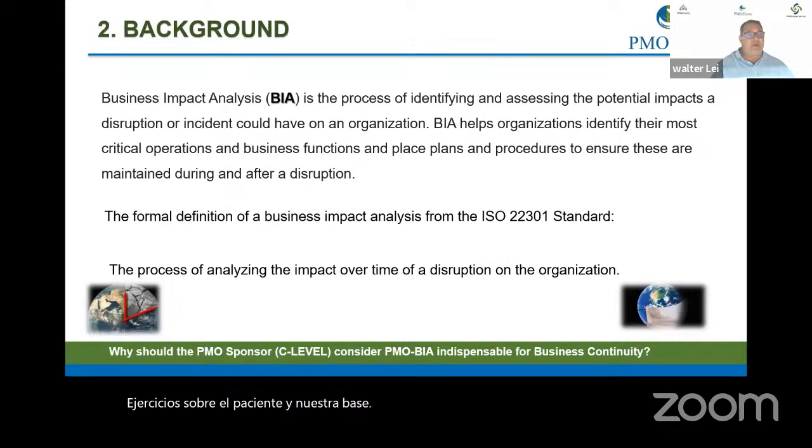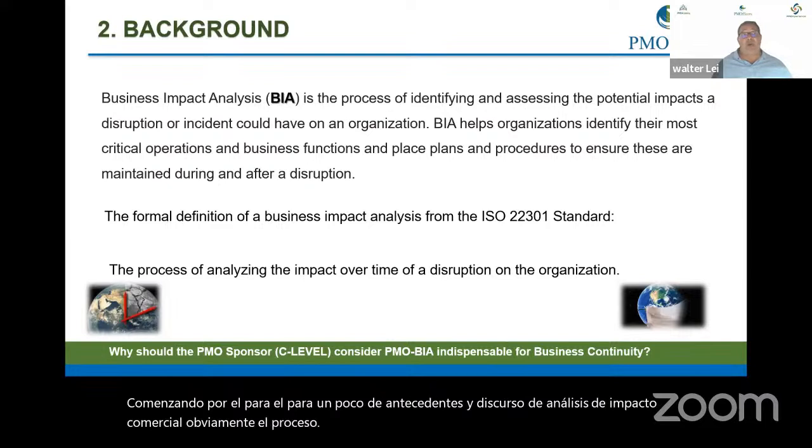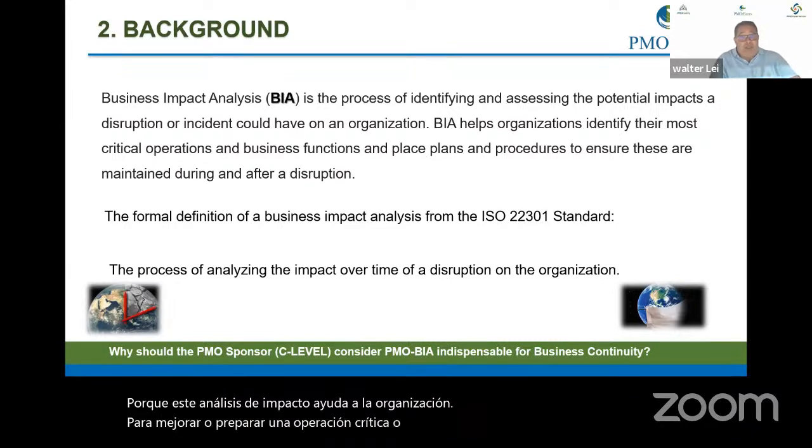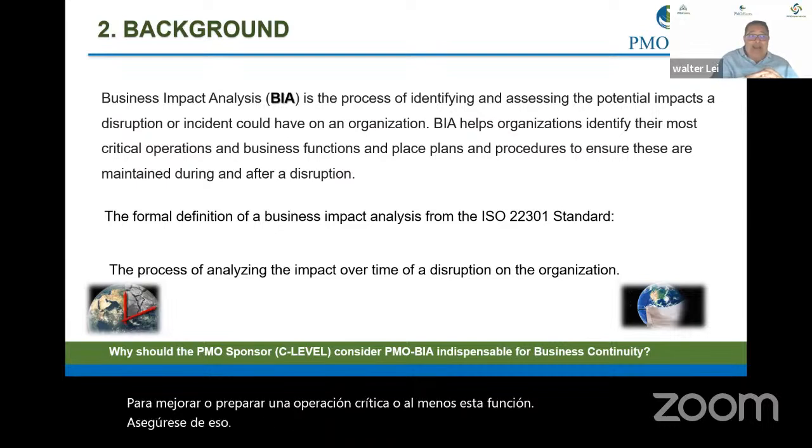Starting with a little bit of background, business impact analysis is the process to define the potential impact of a disruption or even an incident on the organization. So the business impact analysis helps an organization to prepare a critical operation or business function, and to ensure that any issue occurring during or even after a disruption is handled.